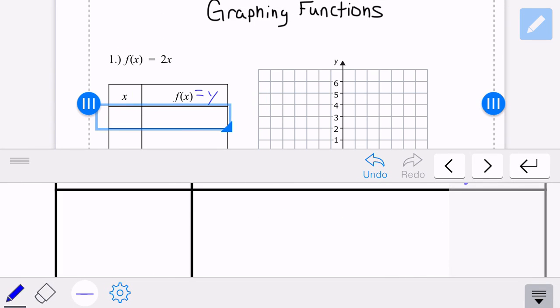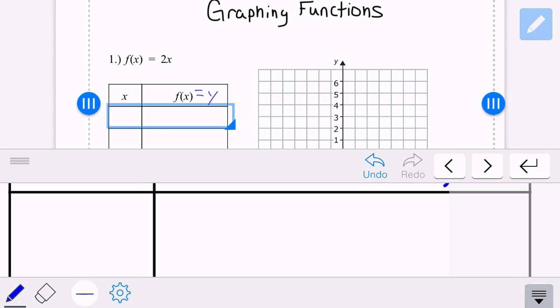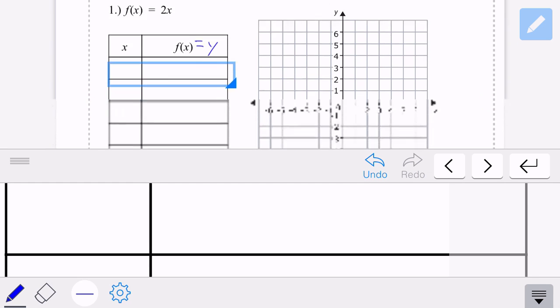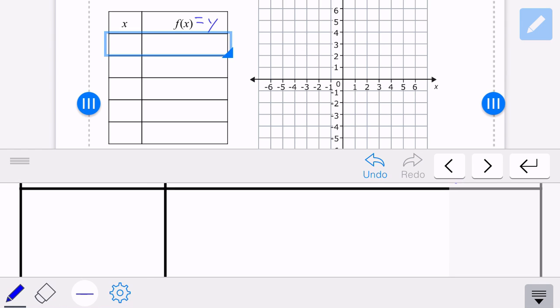So some suggestions for what you should put in for your x values. I would suggest starting with some negatives and then going to 0 and then going up to the positives. It kind of depends on what your function looks like though, but that's always a good thing to check. So we've got 5 spaces on our thing, so let's start at -2.